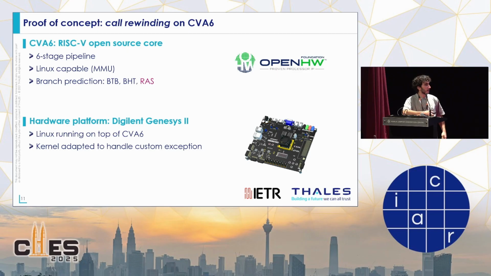So this is a great target to use to implement call rewinding, and it's also capable of booting Linux, which is interesting to test the solution on a real platform and on FPGA with the Digilent Genesys 2. To test call rewinding, we just adapted the kernel a bit with a custom exception handler, so that when we raise exceptions, we are able to handle them and stop the execution of the application.